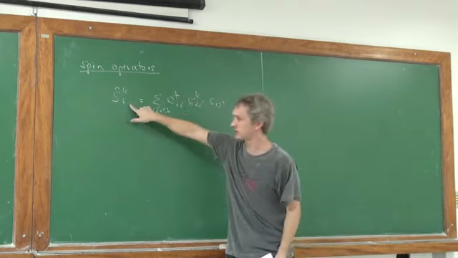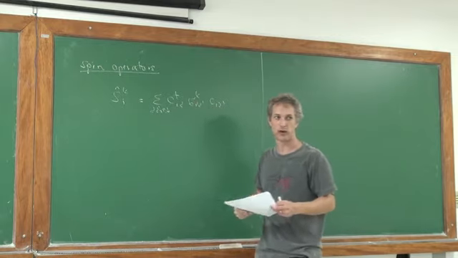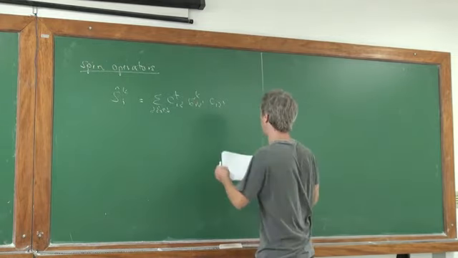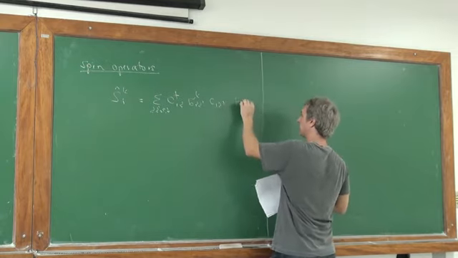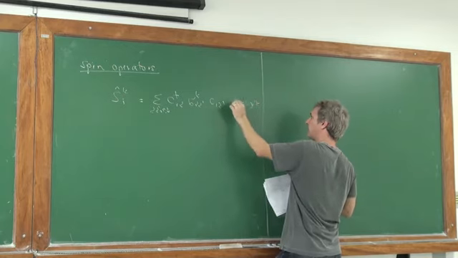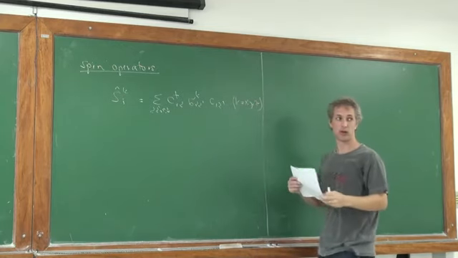This is the normal way you introduce the spin operator. So this would be for k being x, y, or z.